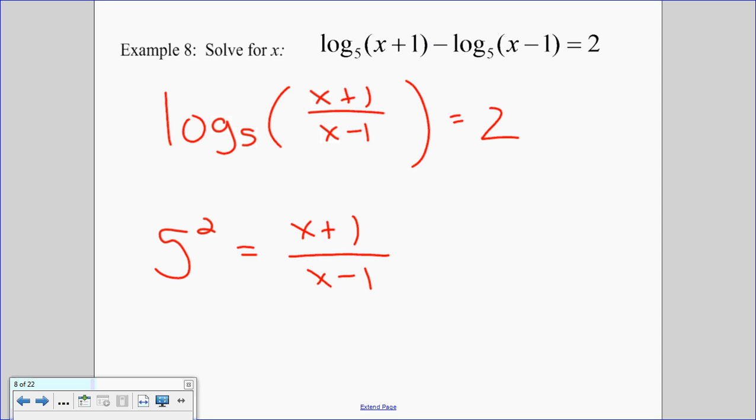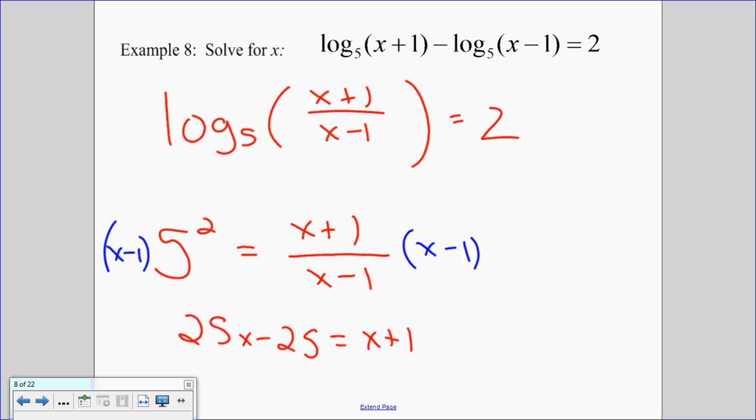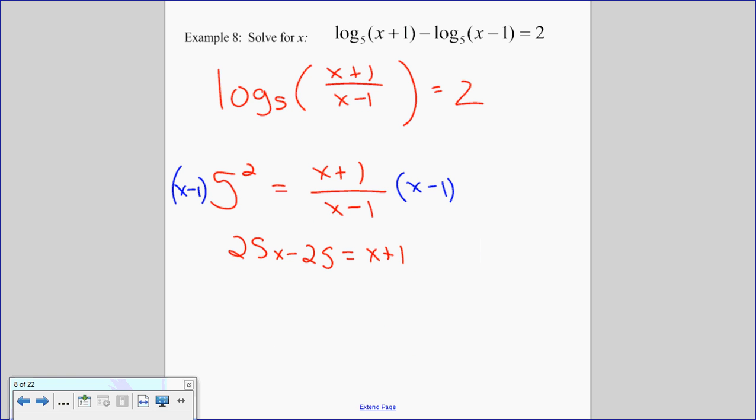Rational. Let's get rid of the denominator by multiplying by x minus 1. So that leaves me with 25x minus 25 is x plus 1. And heck, this is 1B stuff. All right, we get 24x equals 26. So x is 13/12.